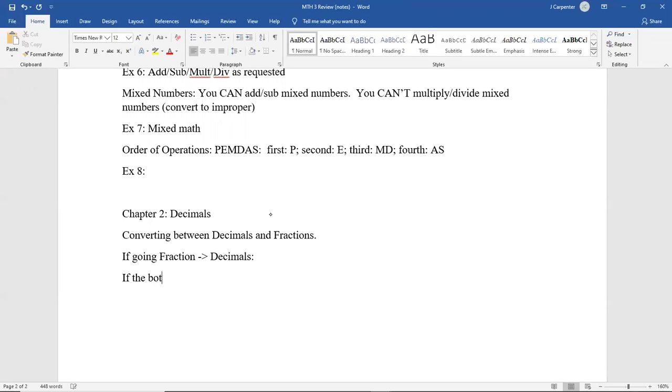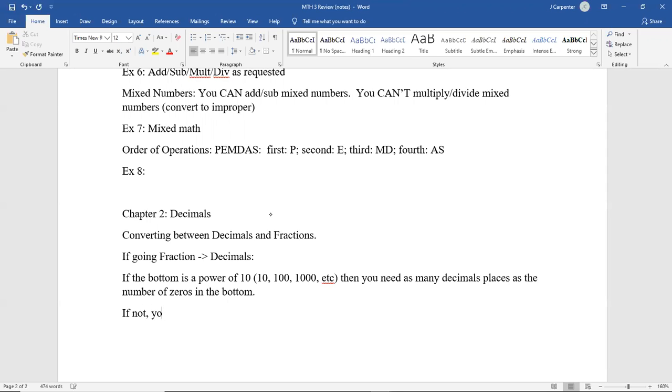If the bottom is a power of 10, so 10, 100, 1,000, etc., then you need as many decimal places as the number of zeros in the bottom.